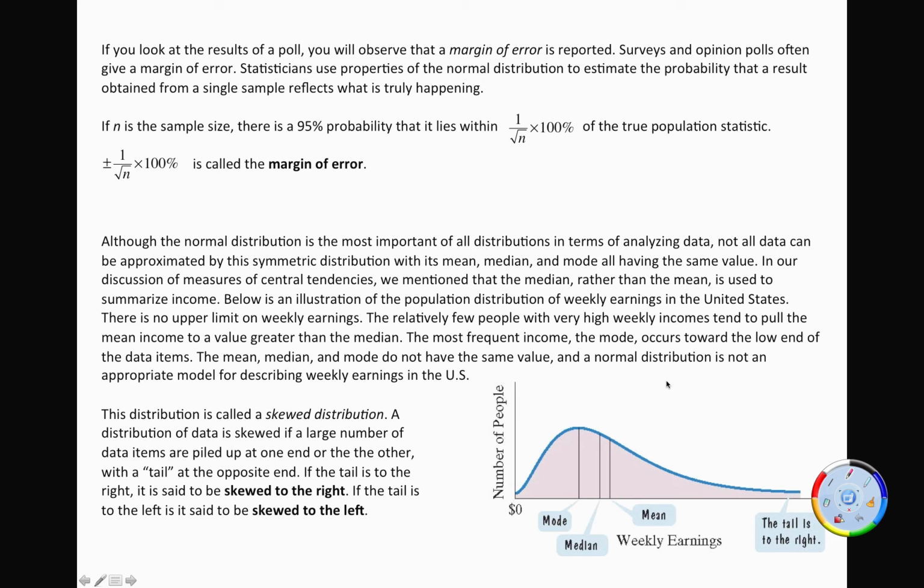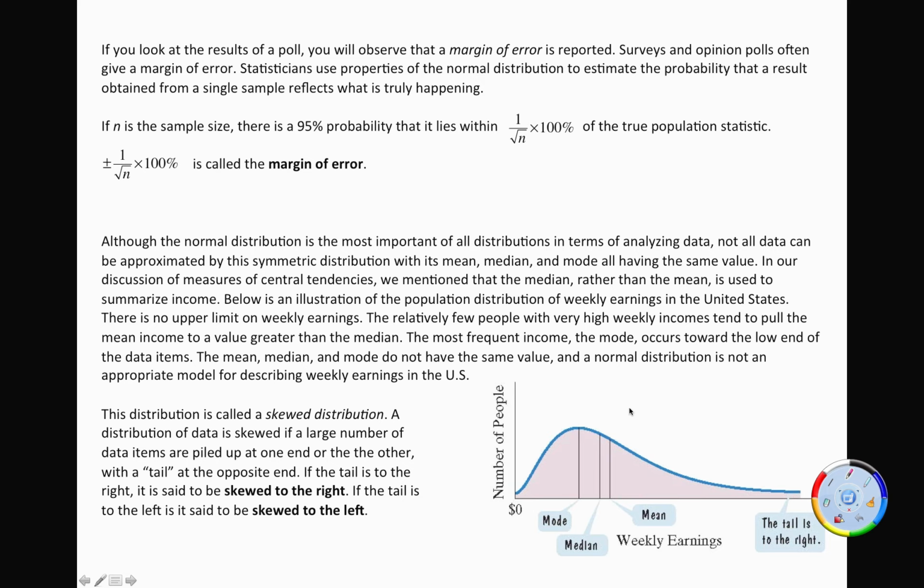There is no upper limit on weekly earnings. The relatively few people with very, very high weekly incomes tend to pull the mean to a greater value than the median. The most frequent income, the mode, occurs towards the low end of the data items.